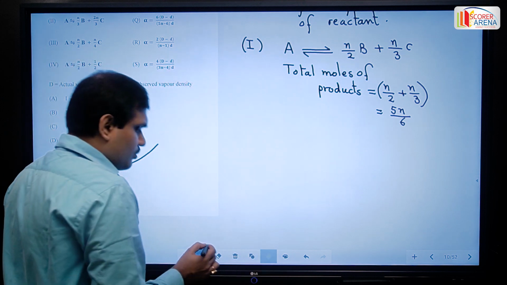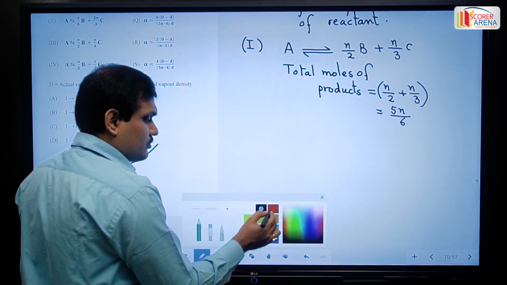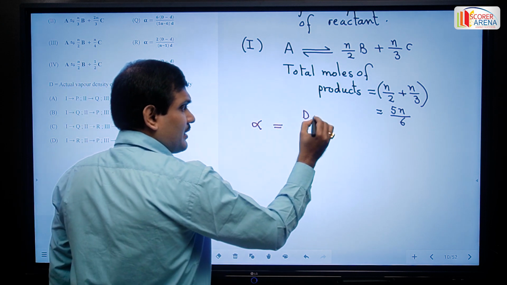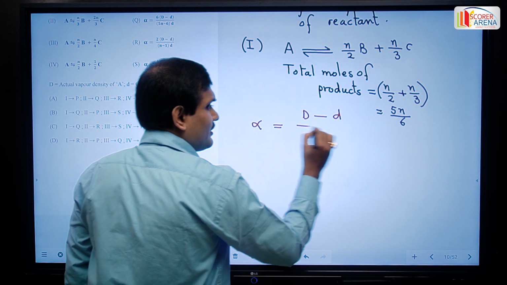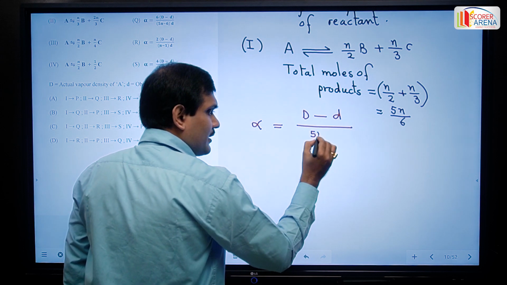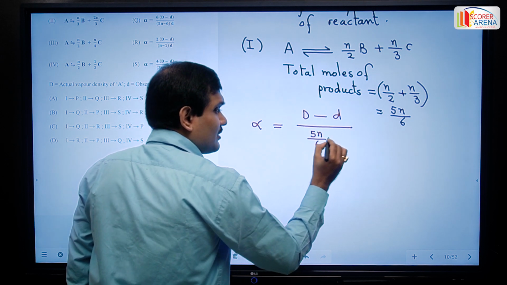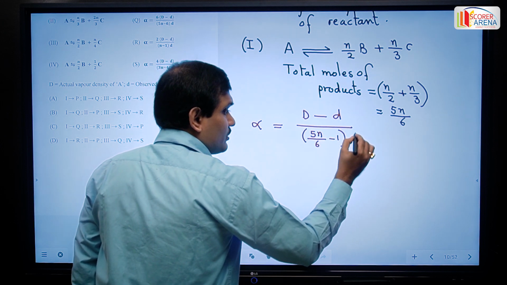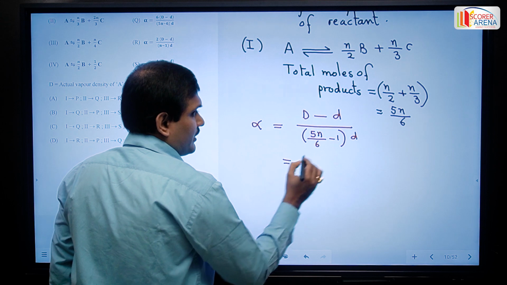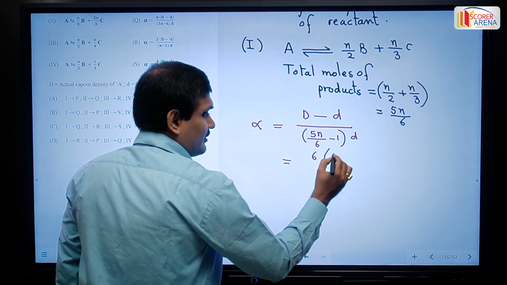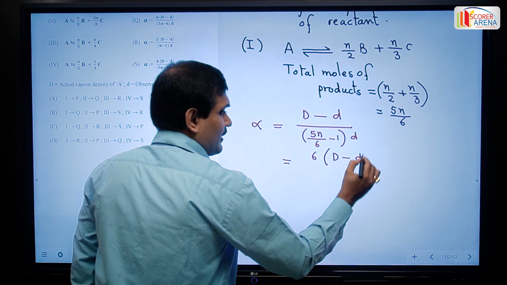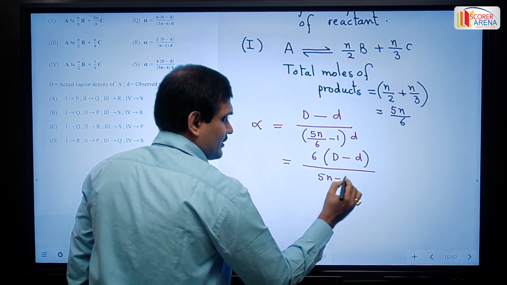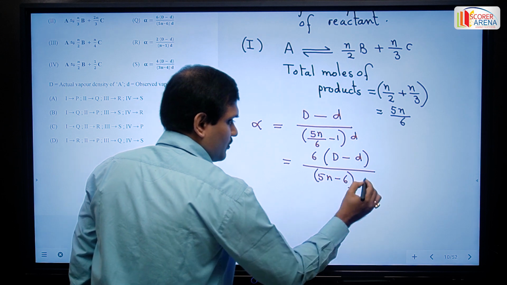Therefore, alpha is equal to D minus small d divided by (5n by 6 minus 1) into d. So simplify it, you will get the correct answer: D minus d, followed by (5n minus 6) into small d.